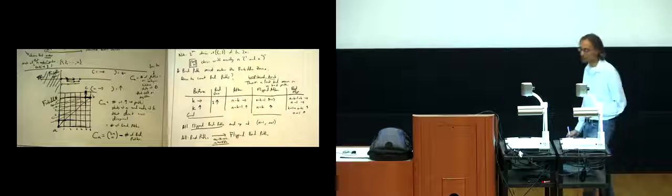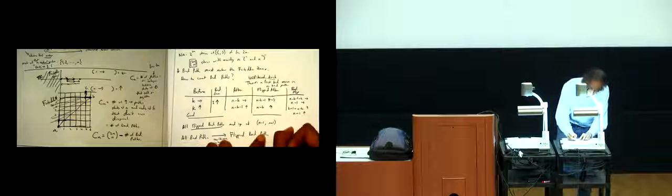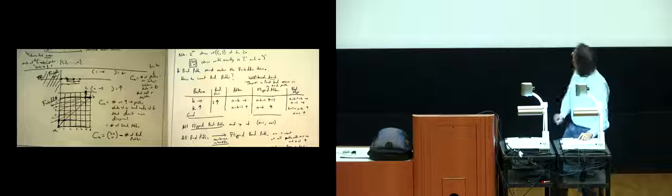Okay, last question. Flipped bad paths are a subset of all paths with n minus 1 rights and n plus 1 ups that go from A to C. Right?